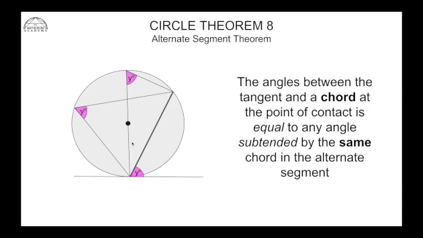So the angle between the tangent and a chord at the point of contact is equal to any angle subtended by the same chord in the alternate segment.